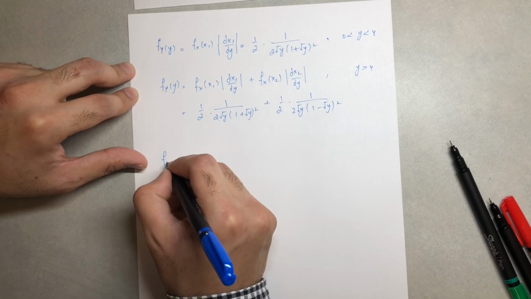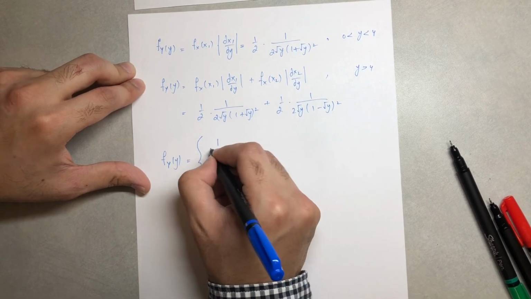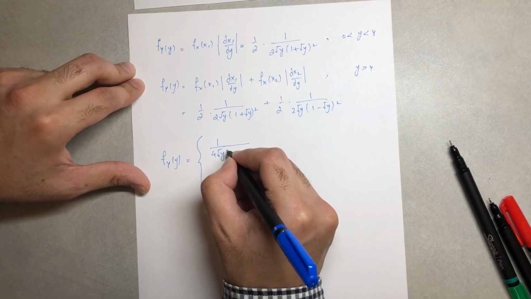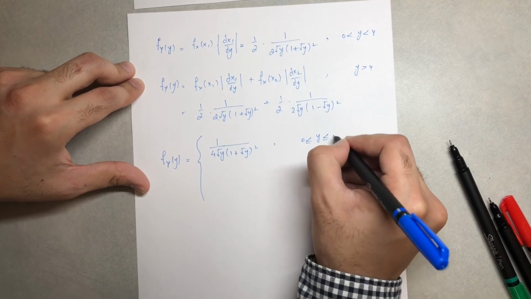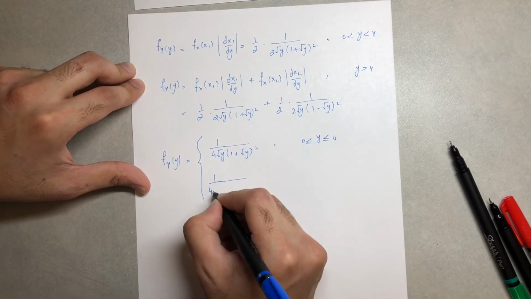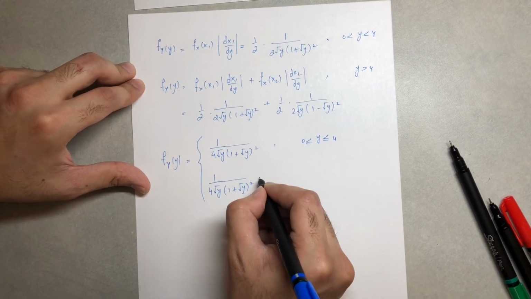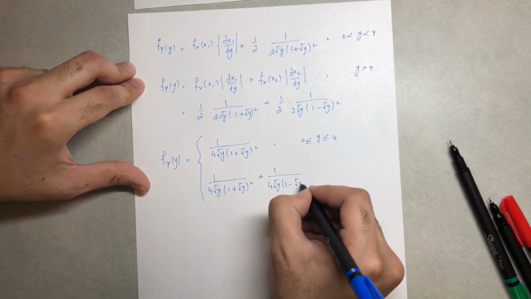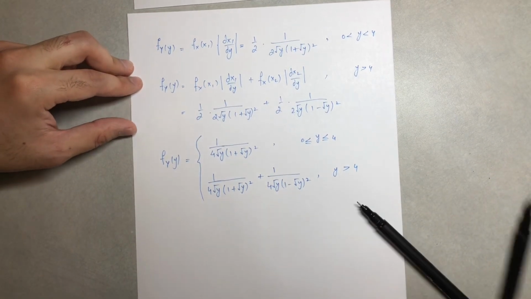So basically, if we write it in a compact form, it will be 1 over 4 times square root of y times 1 plus square root of y whole squared if y is between 0 and 4. And it will be 1 over 4 square root of y, 1 plus square root of y whole squared, plus 1 over 4 square root of y, 1 minus square root of y whole squared if y is bigger than 4. So that's our solution.